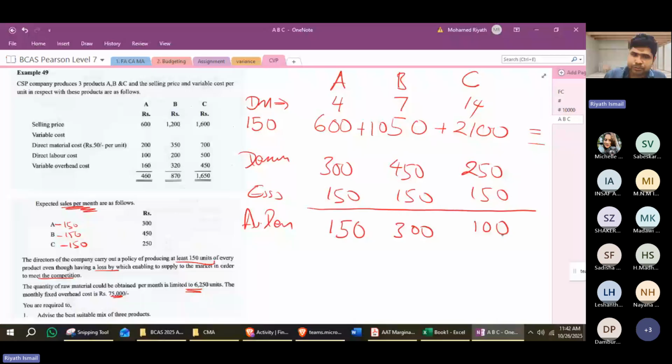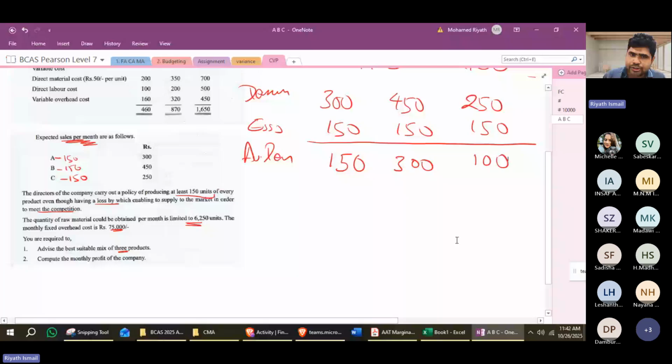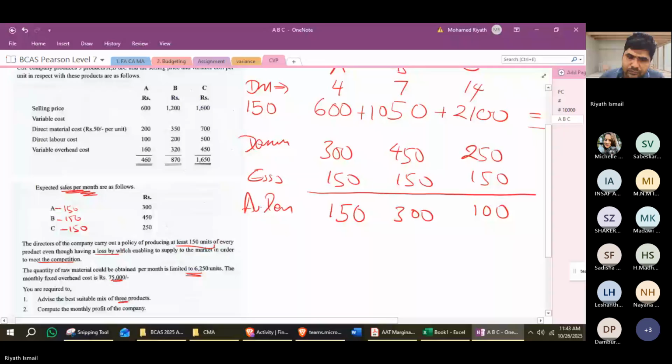First step is to find out the contribution per unit. Here we need selling price. Selling price, how much? Selling price 600, it's given, and 1200 and 1600.